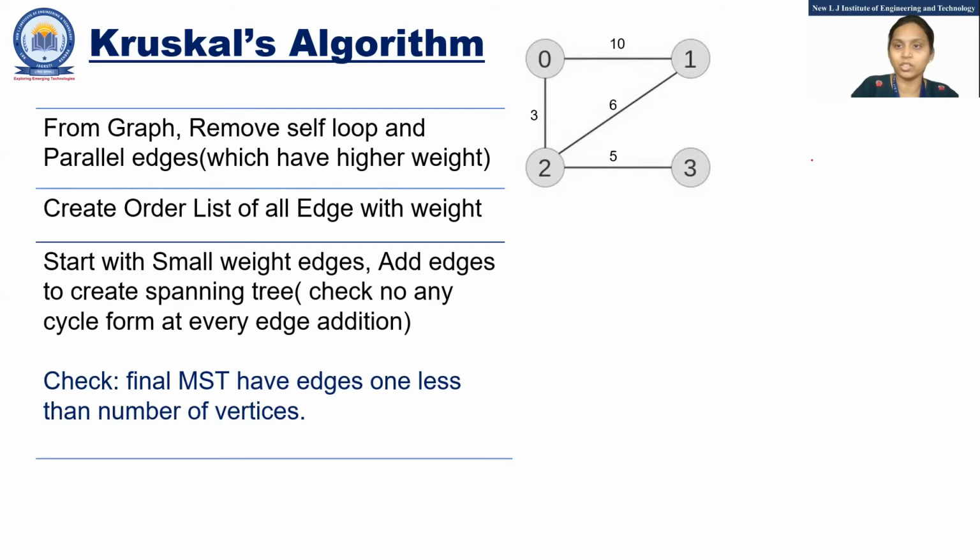How can you create a list? Like here, 0, 1, 10; 0, 2, 3; 2, 3, 5; and 1, 2, 6. Now they are saying create an ordered list. I created the list, but it is not in order, so let me rewrite it.